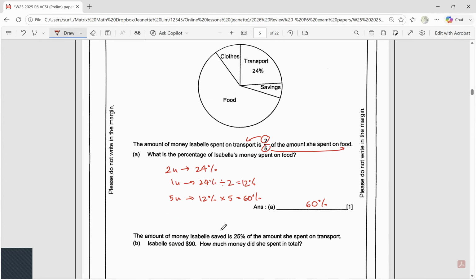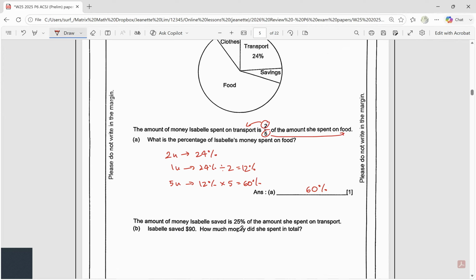Okay, the amount of money Isabel saved is 25% of the amount she spent on transport. So Isabel saved $90. How much did she spend in total? So 25% of the amount she spent on transport, transport is 24%. So 25% of 24%, if that confuses you, you can change this to a fraction.